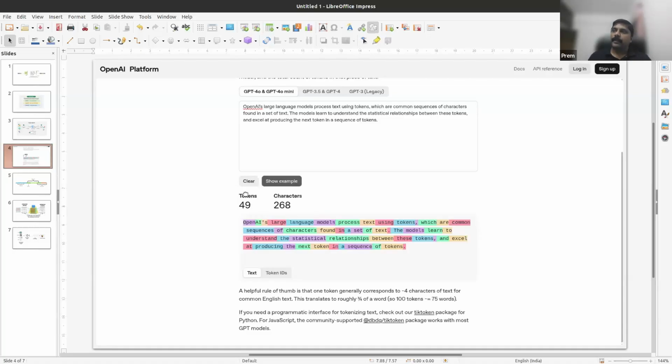That's the idea behind tokens. So any questions on understanding tokens here? Why is it called a token? Because even within a specific word, you can split the word and have different meanings. That helps the LLM to understand things better. Okay, any questions on this?